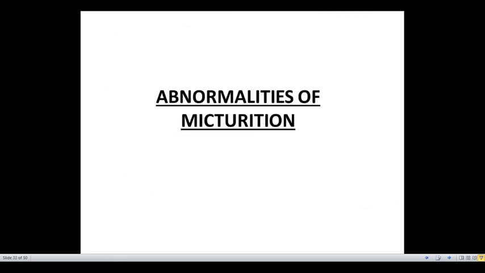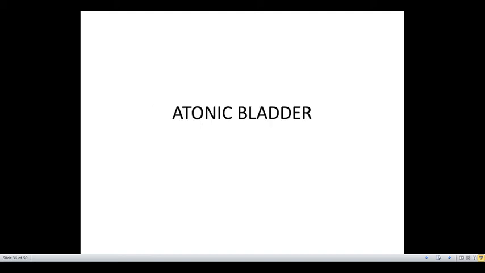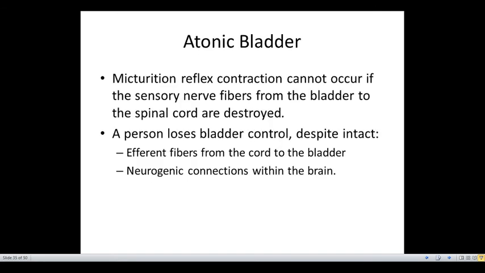Okay, now let's study some of the abnormalities of micturition. Atonic bladder. Micturition reflex contraction cannot occur if the sensory nerve fibers from the bladder to the spinal cord are destroyed.